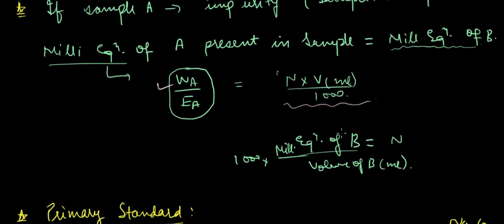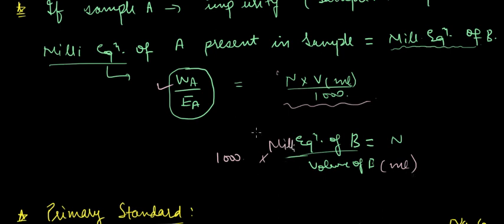So how are we actually defining it? Suppose we have the equivalents of A divided by the volume of B in liter. This would be the normality ideally, but suppose we have B in milliliter. So what will happen is we have to multiply this with 1000, and this term will be milli equivalents.